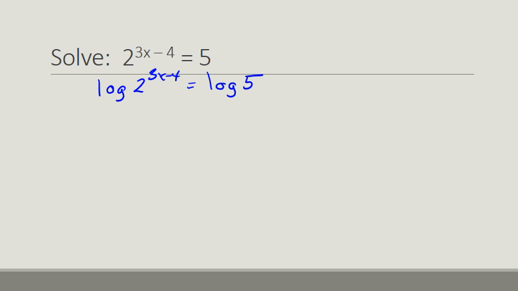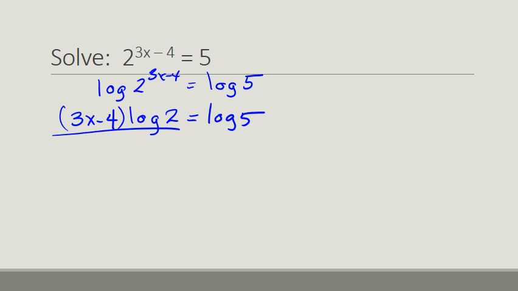We're going to bring that exponent out in front, so we get 3x minus 4 times the log of 2 equals log 5. Going to divide both sides by the log of 2.